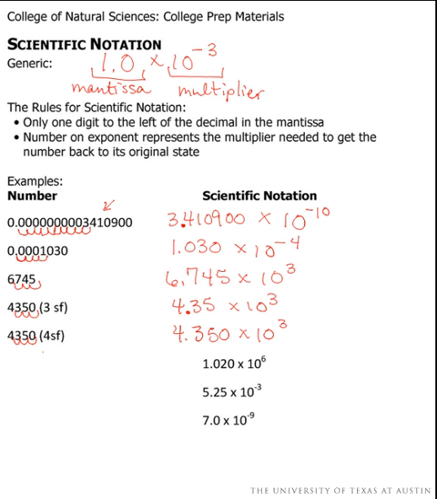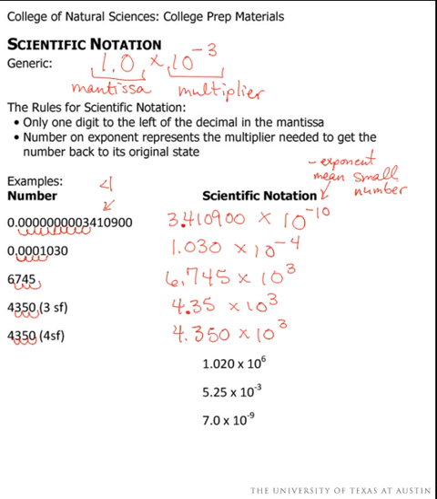Looking back over this, I noticed that every time I have numbers less than 1, I end up having a negative exponent. So this negative exponent must indicate a small number.